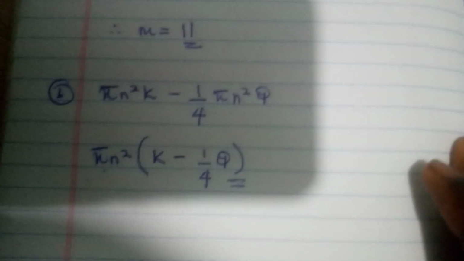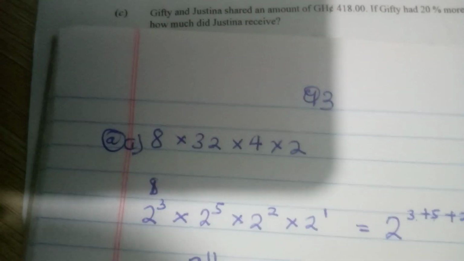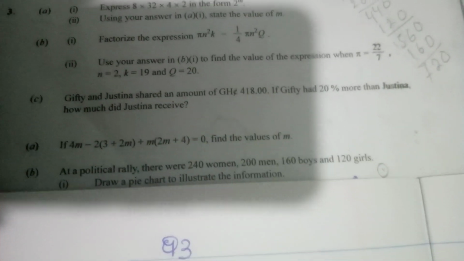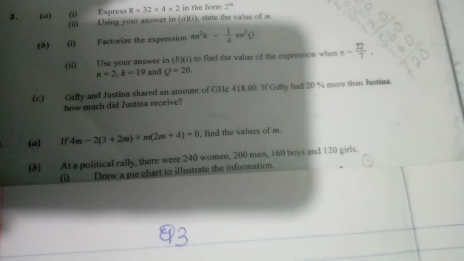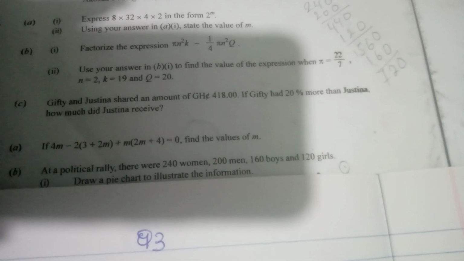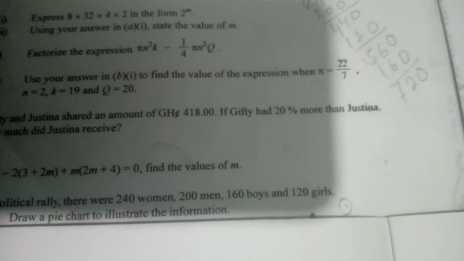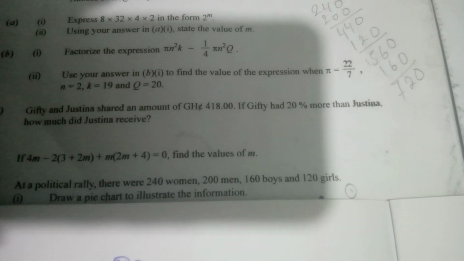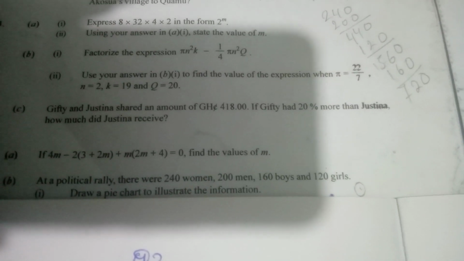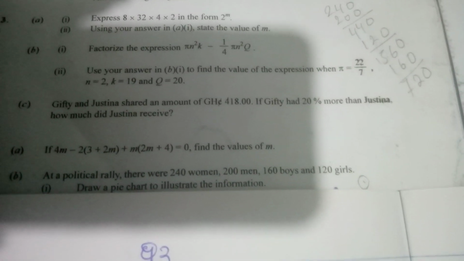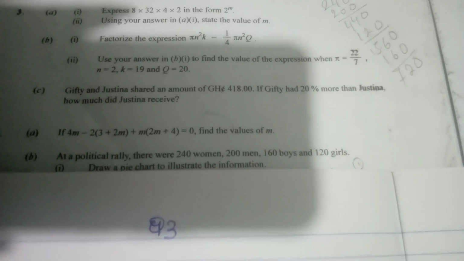Now that we have factorized, what do we do next? Part ii says, using your answer in bi, find the value of the expression when pi is 22 over 7, n is 2, k is 19, and q is equal to 20.